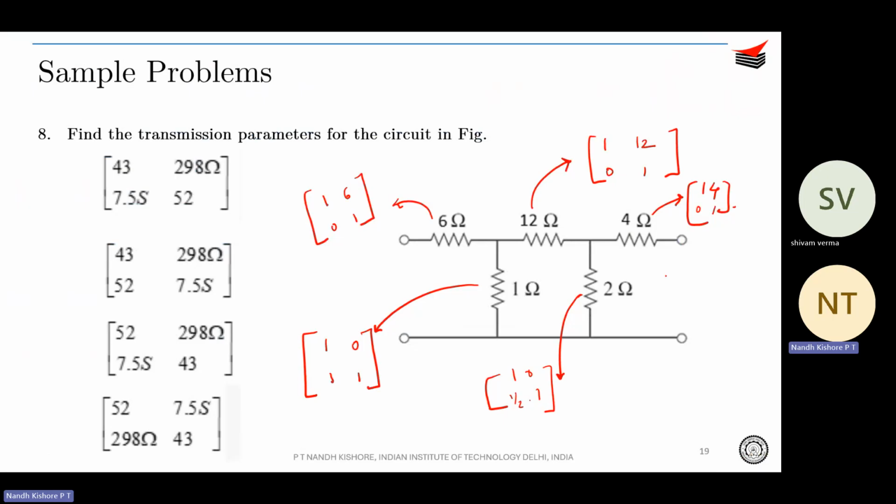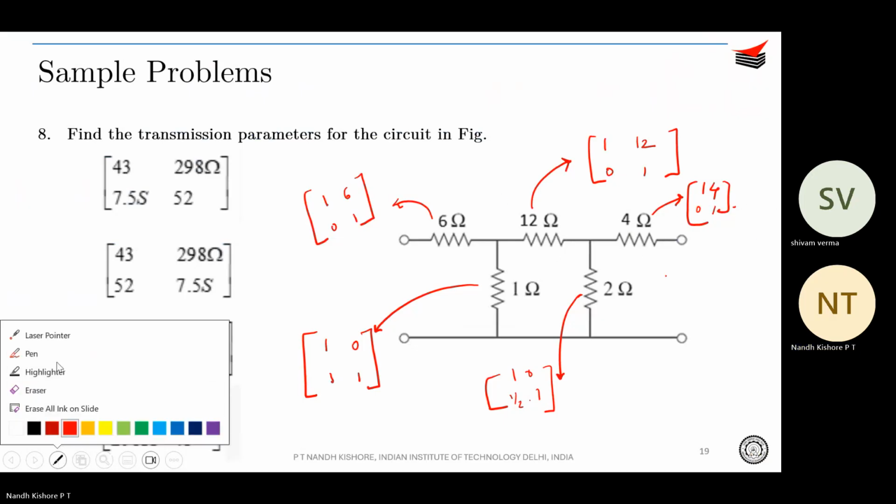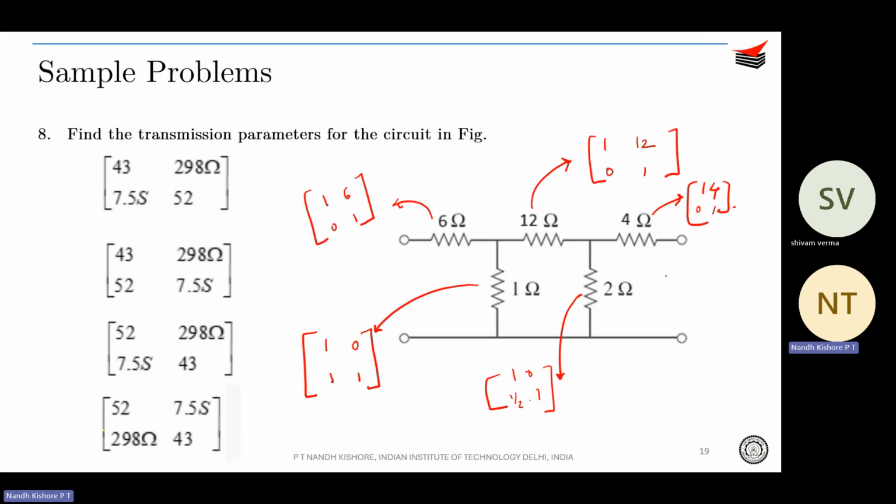So this is how you basically split the entire network into a number of matrices. Once you have the matrices, you can go ahead. Now these are all in a cascade, right? So the final answer would be a multiplication of all of these matrices. You multiply this with this matrix, and once you get the resultant of this, you multiply with this particular matrix.